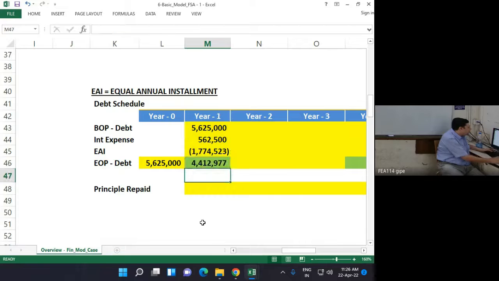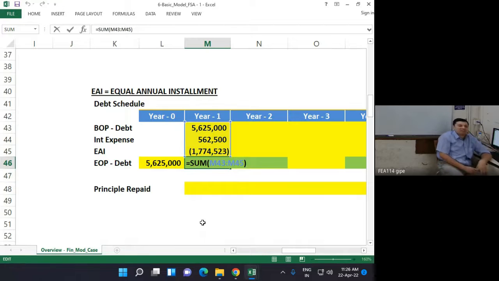Then ending debt is add on: POP plus interest plus EI. EI is already negative, so it will get cancelled out.